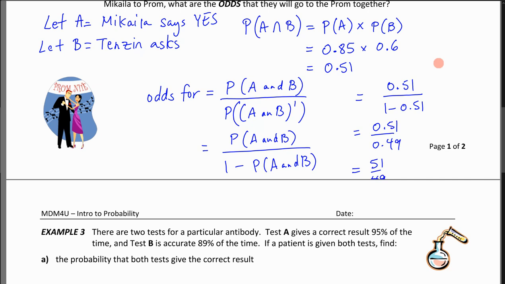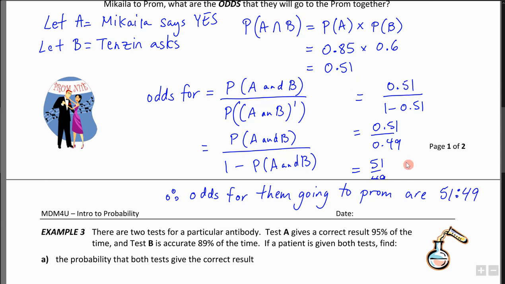So my concluding statement would be, therefore, the odds for them going to prom are 51 to 49.